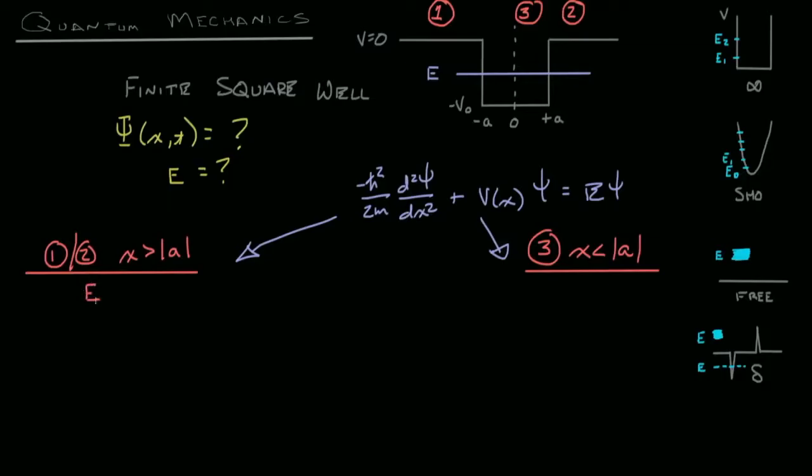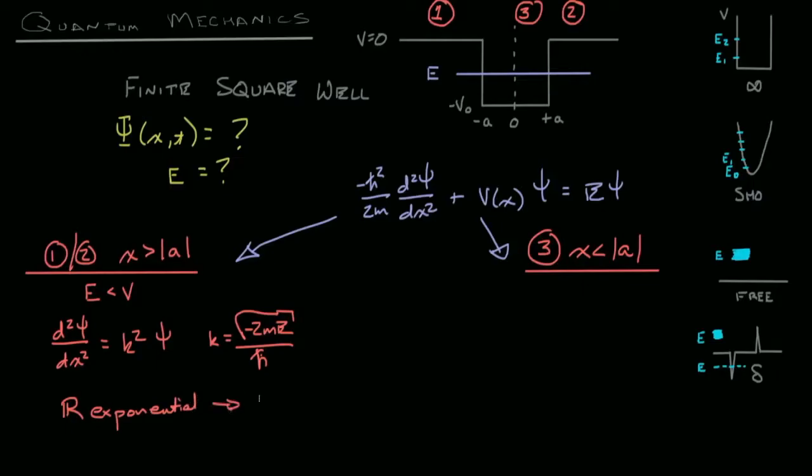Using the same approach that we've used before, we know in region 1 and 2, E is less than V, in this case V is 0, which means the second derivative of the wave equation with respect to x is k squared psi, where k equals the square root of negative 2mE over h bar.